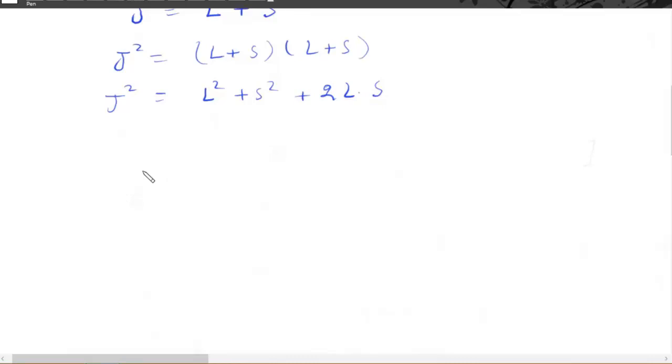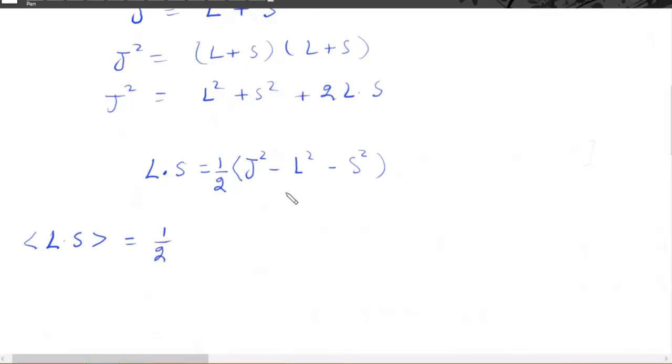Now we can find this value. Transferring these two terms to this side, L dot S is equal to J squared minus L squared minus S squared, and then divided by 2. This is the value of L dot S. Now we will find the eigenvalue of L dot S, then we can take the expectation of this simply.